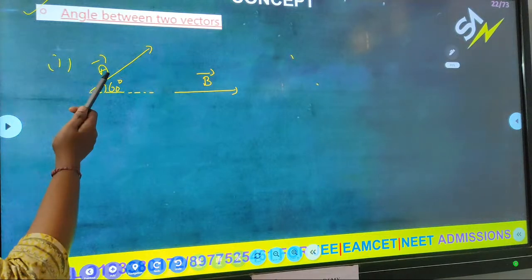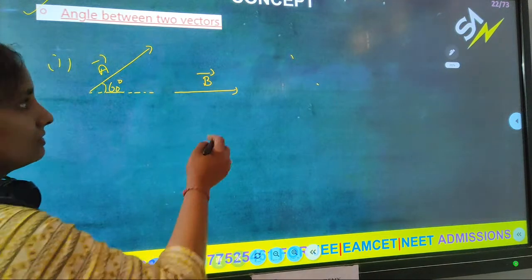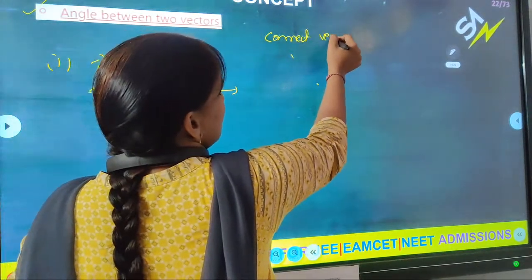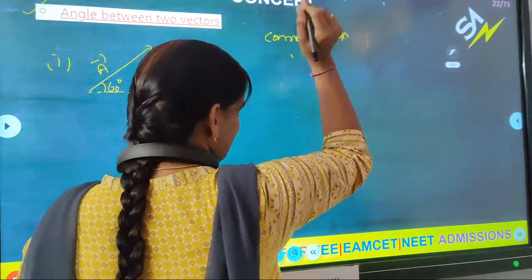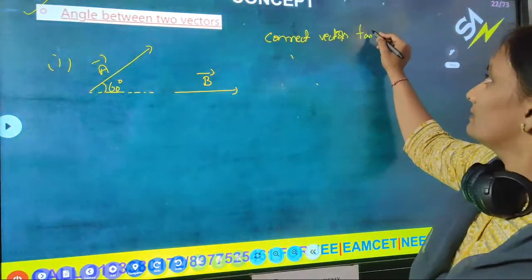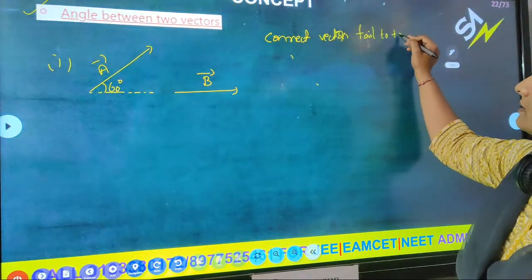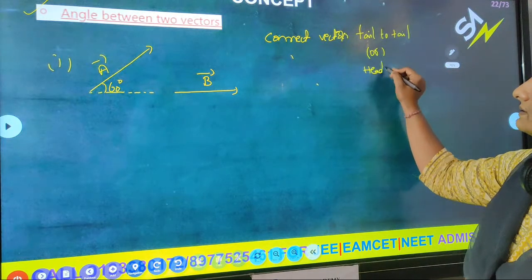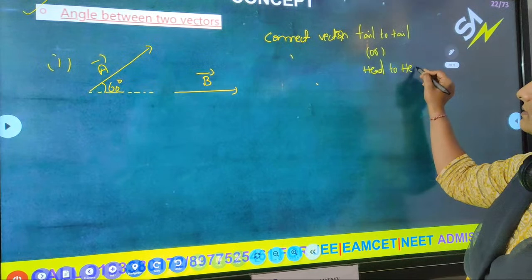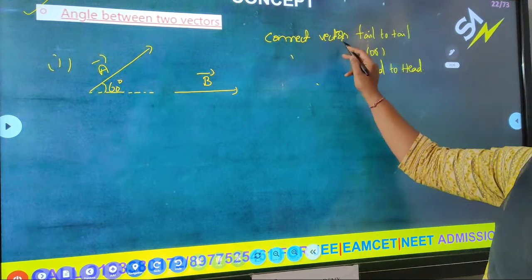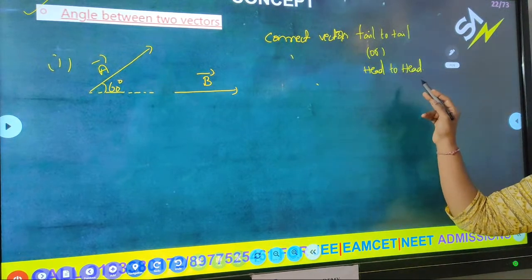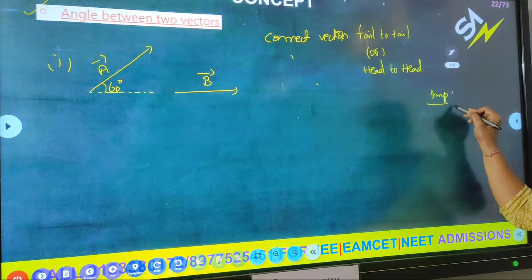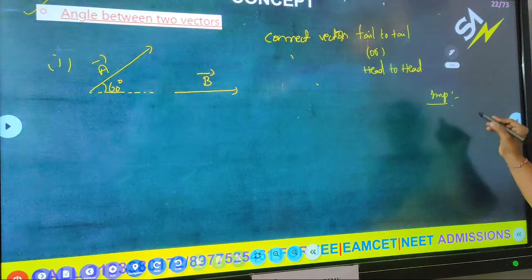So to find the angle between two vectors, we need to connect the vectors tail to tail or head to head. So we have to connect the vectors tail to tail or head to head, and you always keep in mind these points while connecting the vectors.